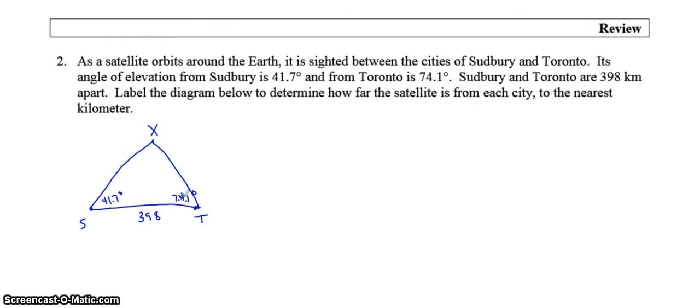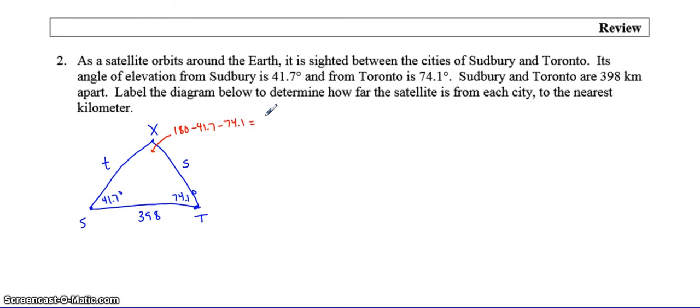So this is opposite angle T, so that's side T. This is opposite angle S, so that is side S. And of course, when you know two angles in the triangle, you can figure out the third angle by subtracting those from 180. And that is equal to 64.2.